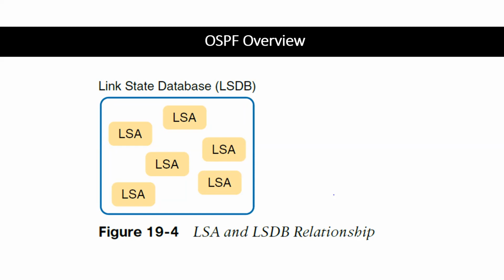So, LSAs have a very important relationship with creating the link state database. Well, Dave, why are you telling us that? Well, if you're not receiving LSAs, what does that mean?